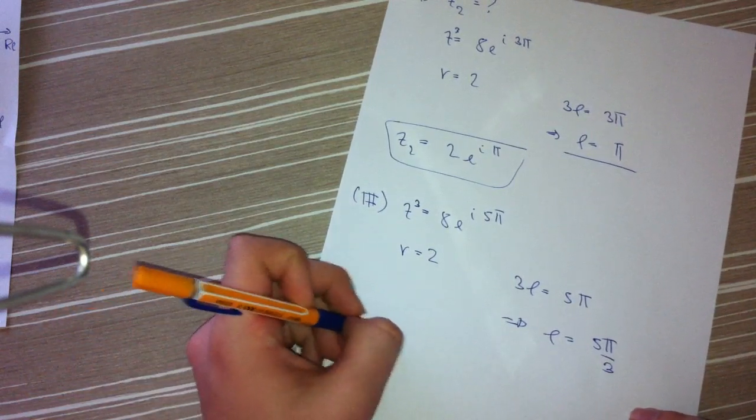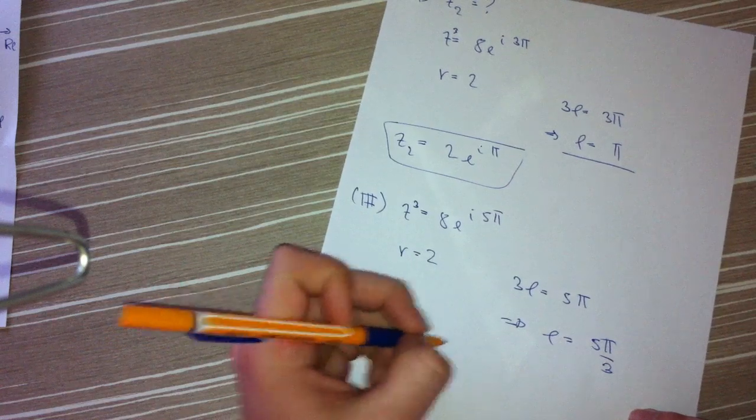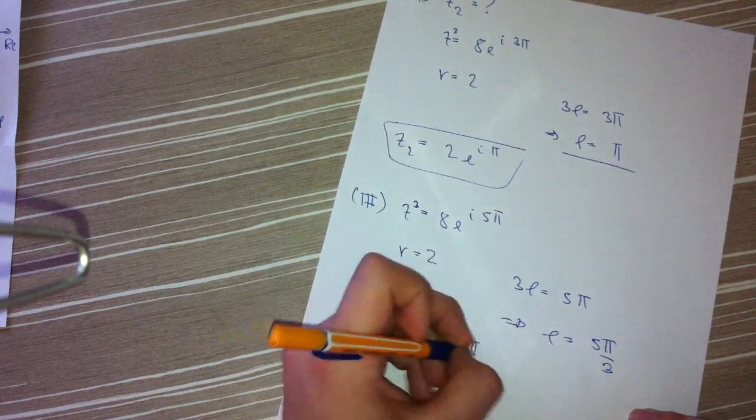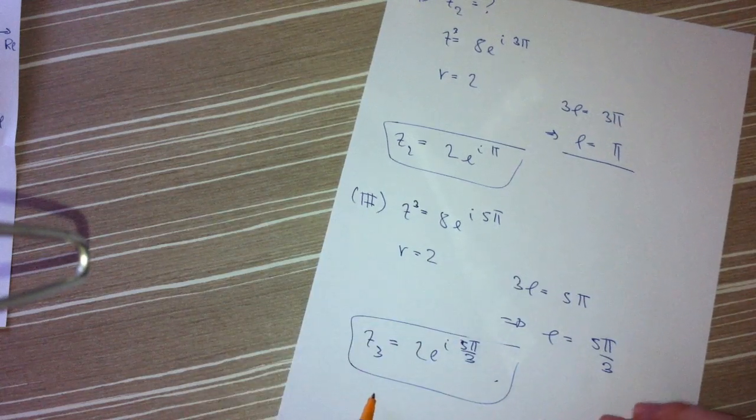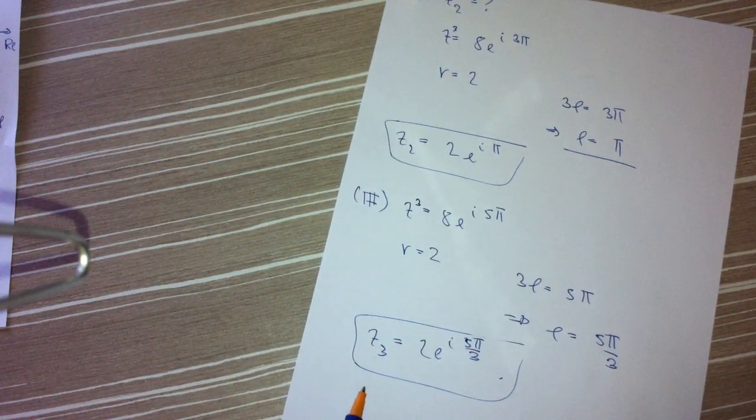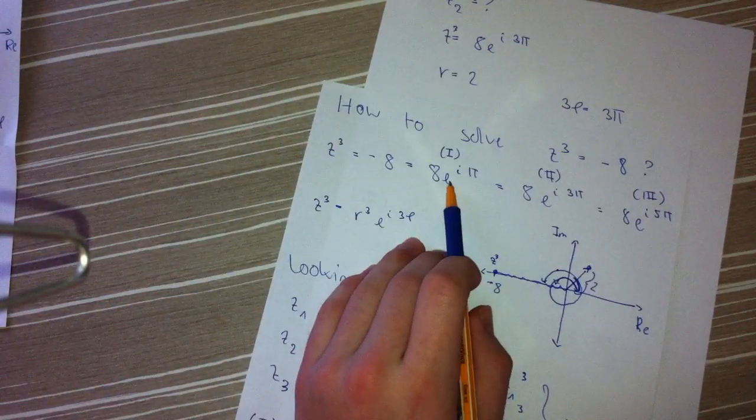And then we know that z3 equals 2 e^(i 5 pi over 3). That's our three solutions of the equation z to the power of 3 equals -8.